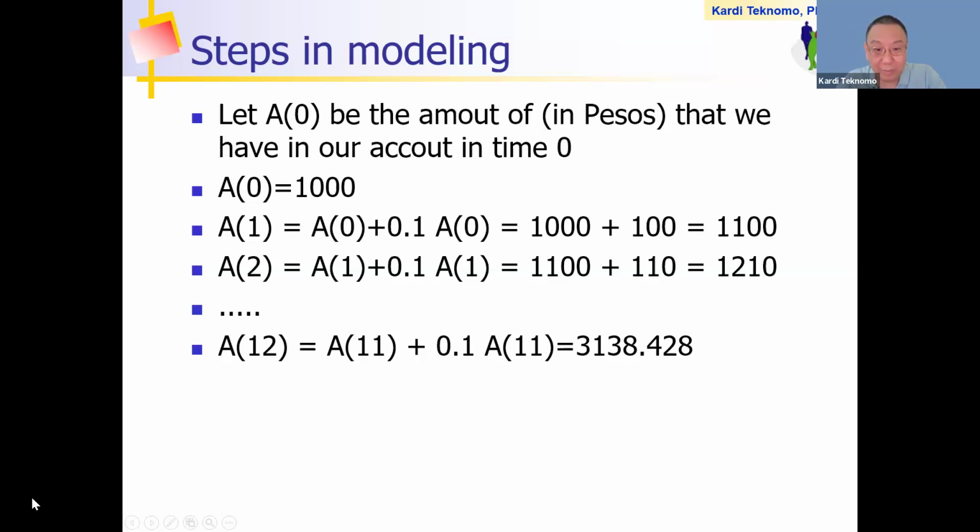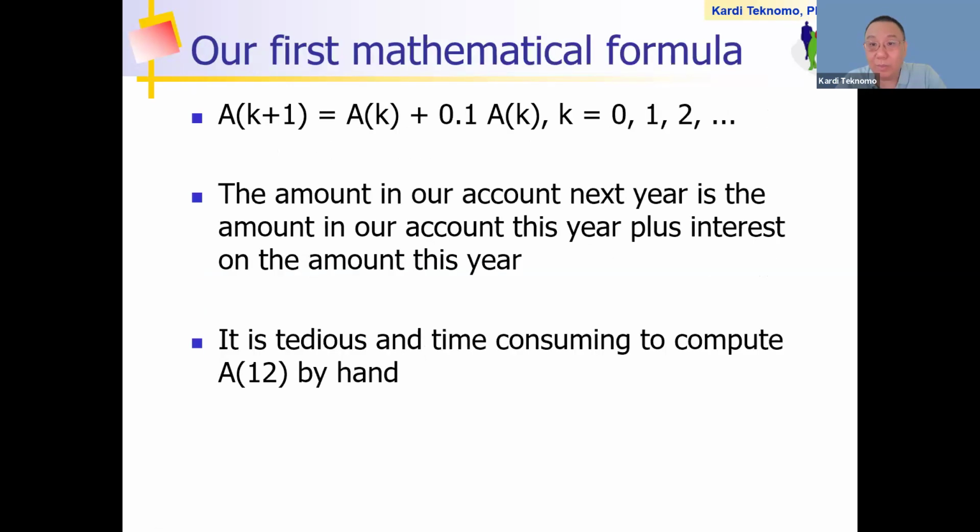Then, this is our first mathematical formula about the money. We can put that A(k+1), where k is 0, 1, 2, 3, and so on, is the same as A(k), the subscript, plus 10% of A(k), because this is the interest of A(k).